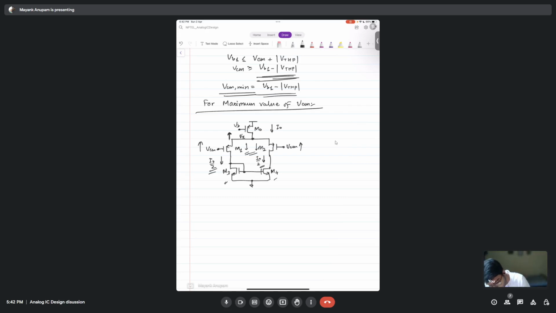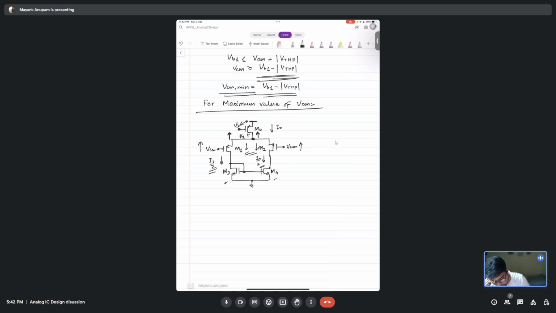M0. Correct. You see here, M0, the gate is fixed. Source is fixed. Now its drain here, Vx, starts to go up, right? So the gate to source voltage for M0 is fixed, but its source to drain voltage starts to decrease, isn't it?